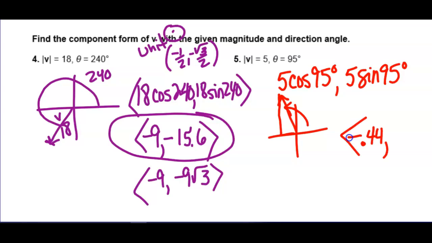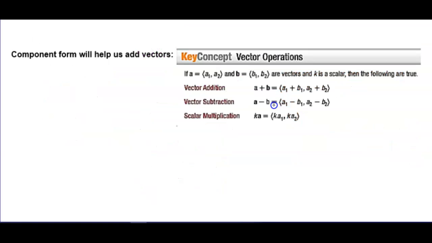If I do 2 places, you could just do 1, I don't care. 5 sine 95, do whatever it says in Delta Math, 4.98. Okay, so it went back a little bit, up a lot, because it's 95. It's just past the 90-degree line. All right, moving on.